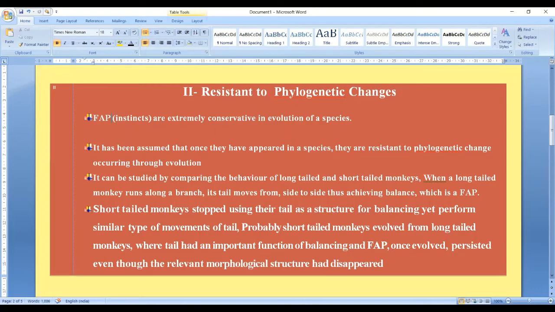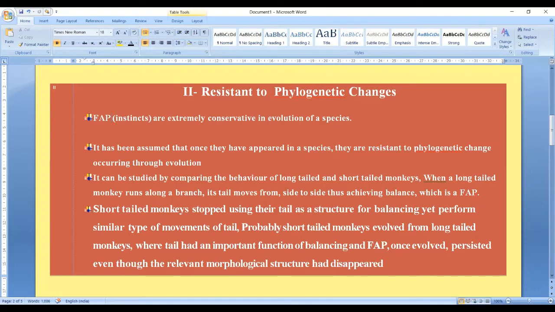When a long-tailed monkey runs along a branch, its tail moves from side to side for achieving balance. We all know that the tail is a balancing organ. So when a long-tailed monkey runs, the tail moves in a coordinated pattern side to side to achieve balance. This is a fixed action pattern.